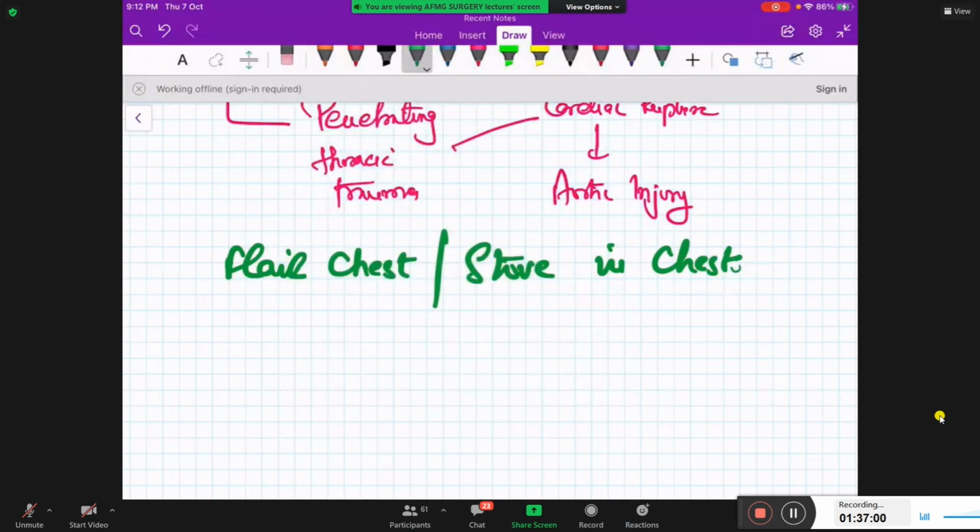Can anyone tell me what is flail chest or stove-in chest? The flail part of the chest moves opposite during respiration.